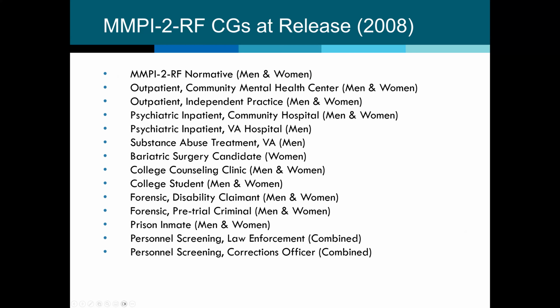And that was done because beginning with the MMPI-2RF, the norms, the T-scores, are non-gendered. We don't have separate T-scores for men and for women on the MMPI-3, nor did we have them on the MMPI-2RF. The norms are based on a combined gender sample, equal number of individuals identifying as men and as women.